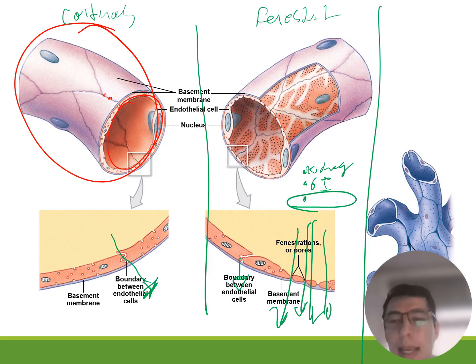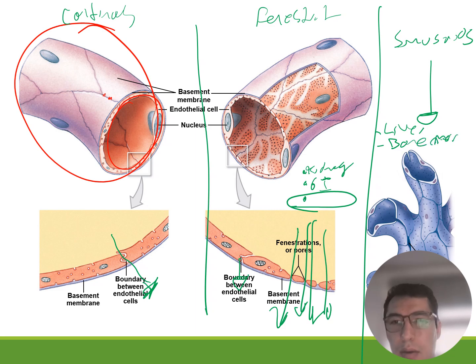Now the last one is going to be the sinusoids. These ones are found where? In the liver, in the bone marrow. Another one, spleen, and I'll let you write the last one. But the idea is that we're allowing large proteins through these huge gaps right here, in and out, in and out.